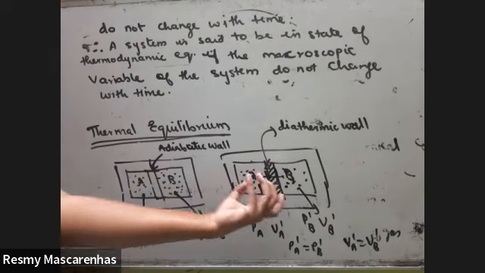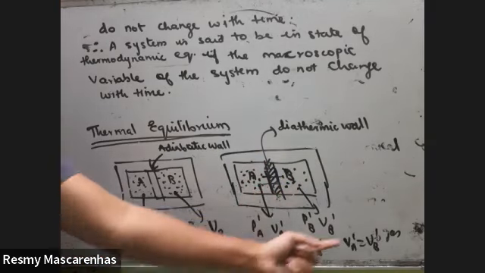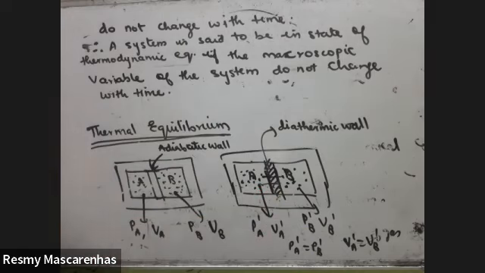Then this state where both pressures come to an equal point is called thermal equilibrium. So you draw this diagram, then I'll give you the explanation part. If you don't understand something, then please ask now.